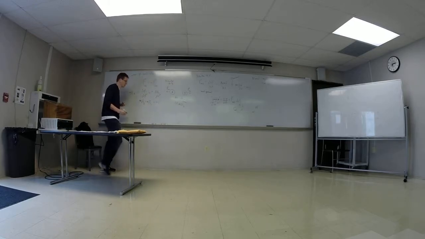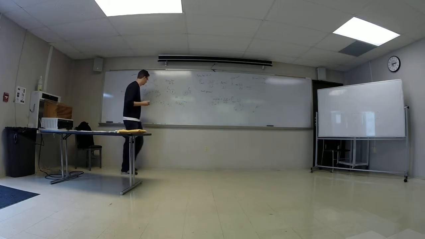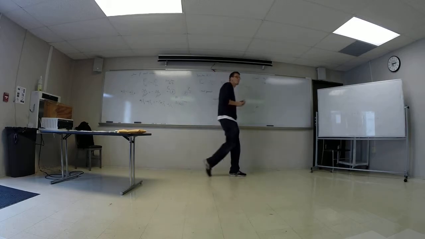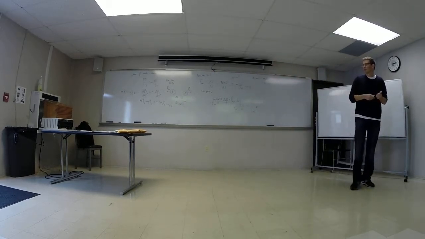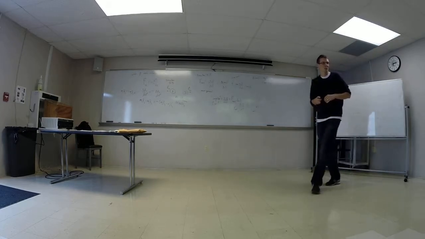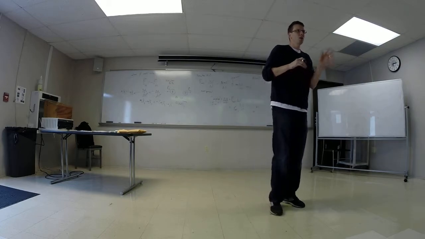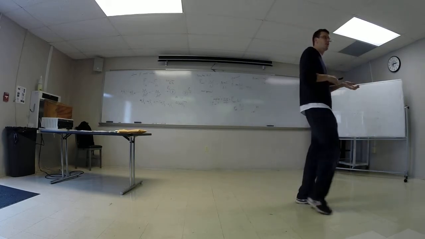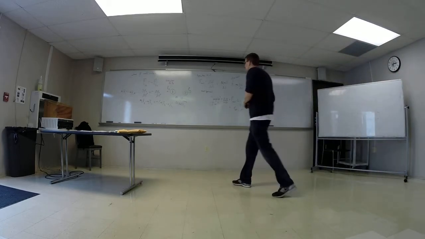If its momentum changes, that change will be M2 V2 final minus M2 V2 initial. There we go. Now that may not look like much, but I'm going to pull the same trick that I did with my energy thing. I'm just going to put all the initial stuff on one side and all the final stuff on the other side and see what happens, and we're going to find a conservation.